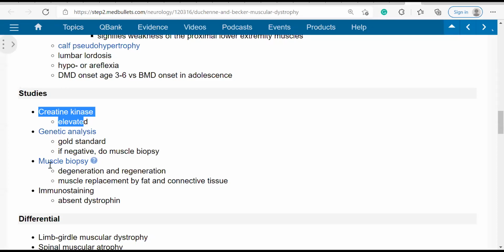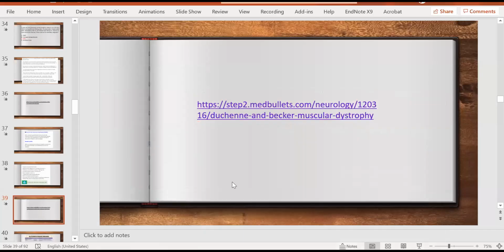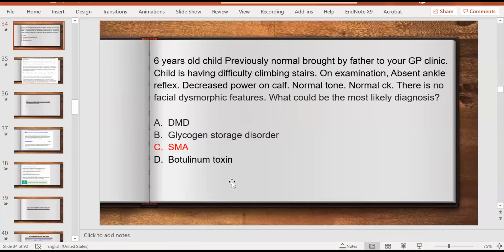If genetic analysis is negative, then you can do a muscle biopsy. Here, guys, the thing is, if CK is normal, with absent ankle reflex and progressive muscle weakness, especially of the distal and proximal muscles, you think about SMA. If CK is elevated, you think about DMD.